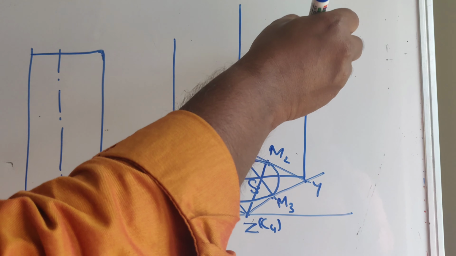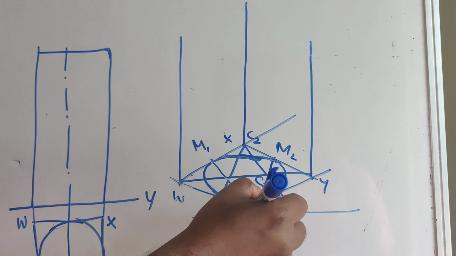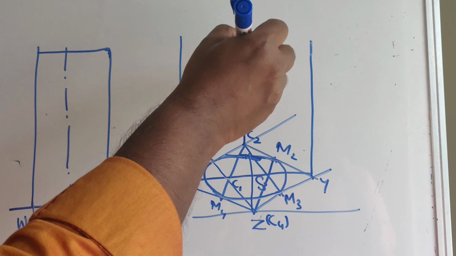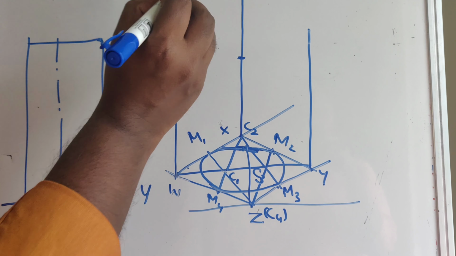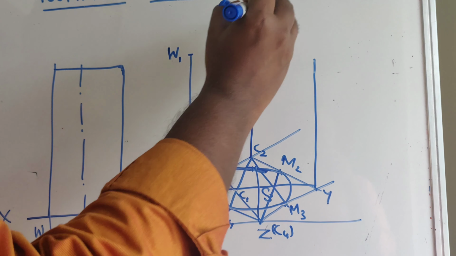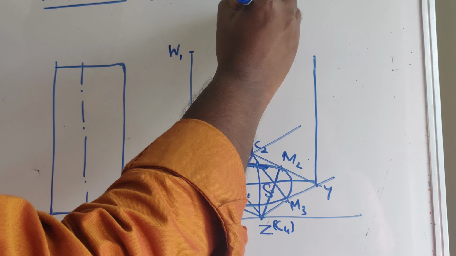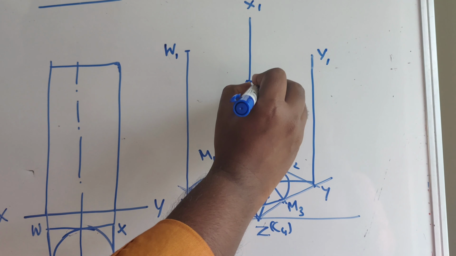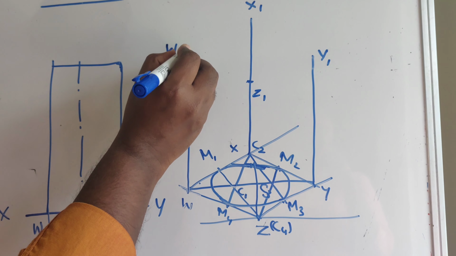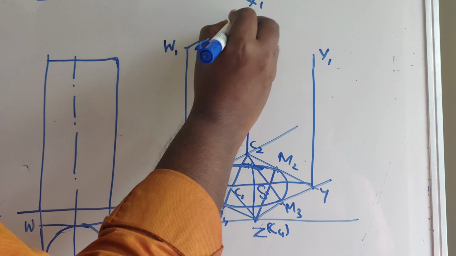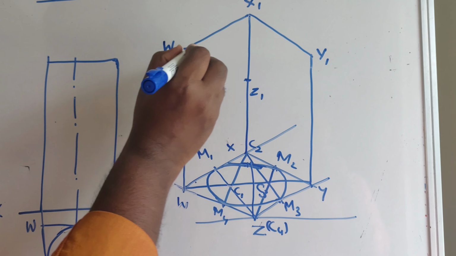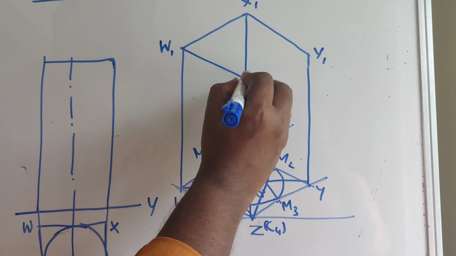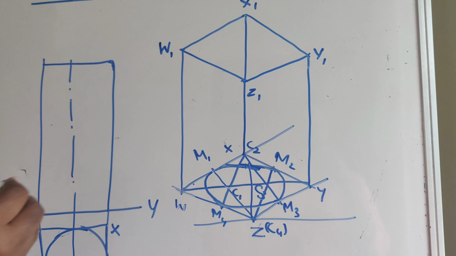From Y you are taking the same distance. From Z also you are taking the same distance, which may come up around here. So I am marking this as W1, X1, Y1 and Z1. You can join W1 X1, X1 Y1, W1 Z1, Z1 Y1.